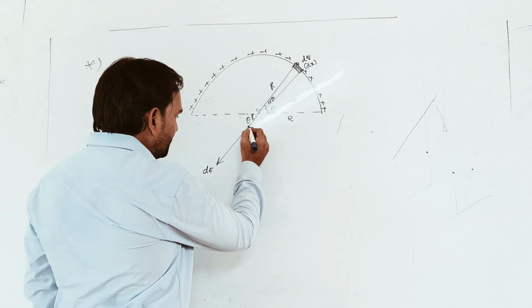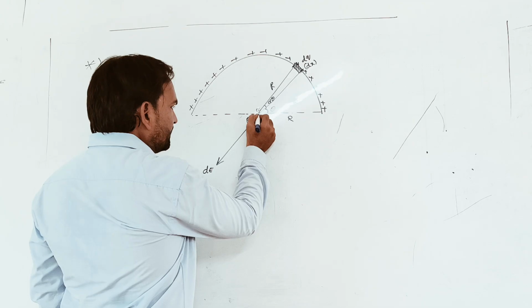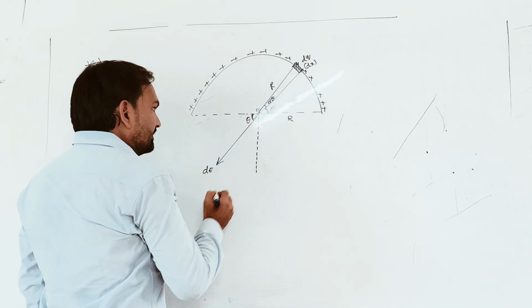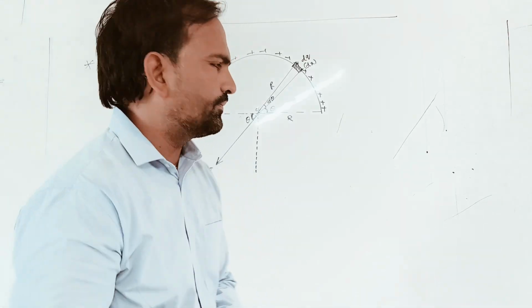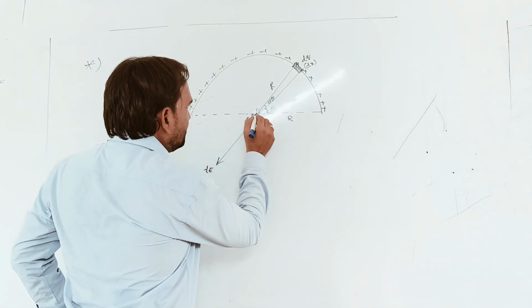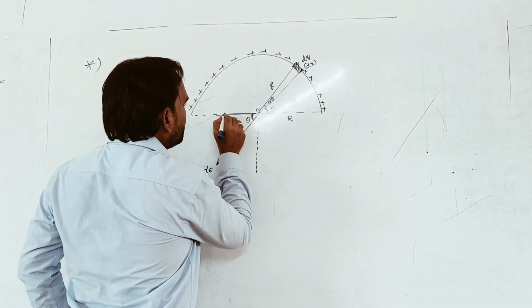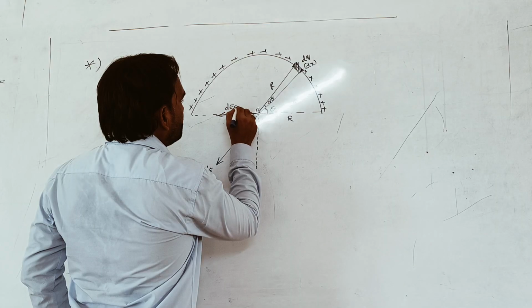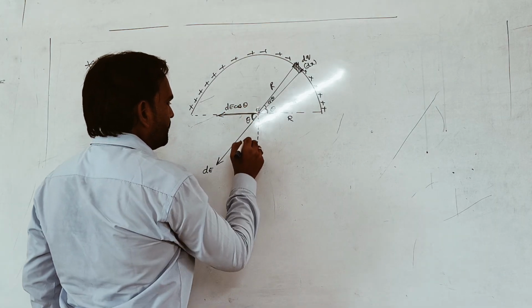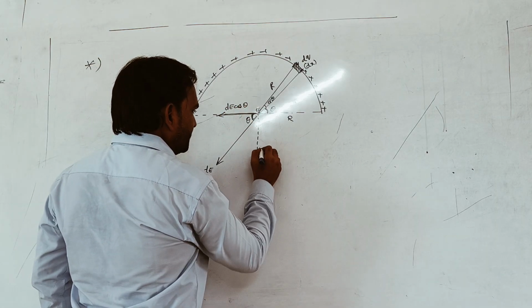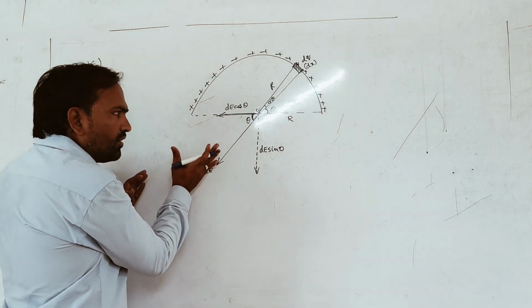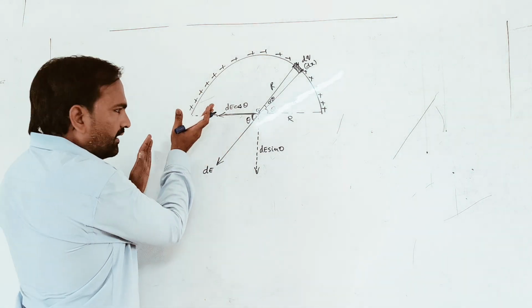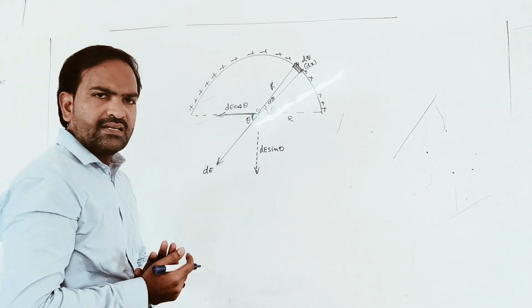You observe here, this electric field dE is divided into two components: dE cos theta and dE sin theta.